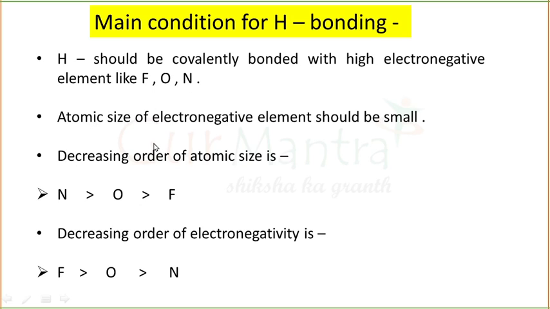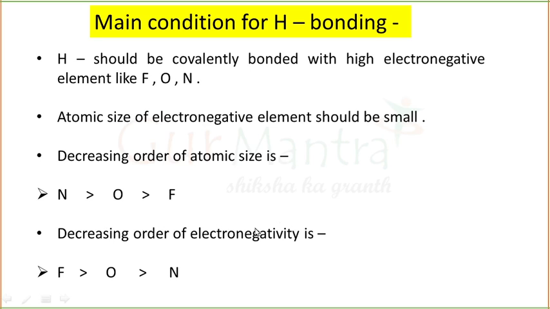And the atomic size of the electronegative atom or element should be very small if we are talking about hydrogen bonding. The decreasing order of atomic size is nitrogen, oxygen and fluorine. In this series, nitrogen has the maximum size while fluorine has the minimum size.